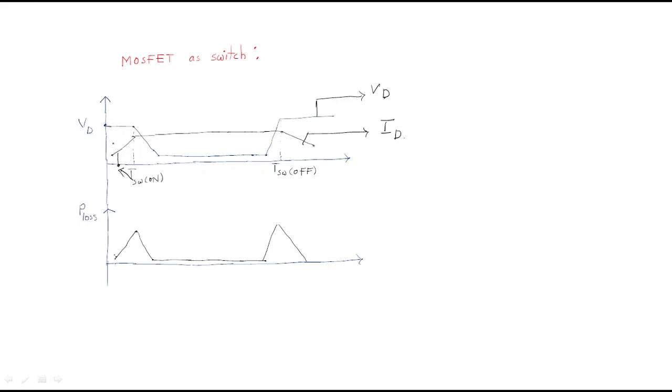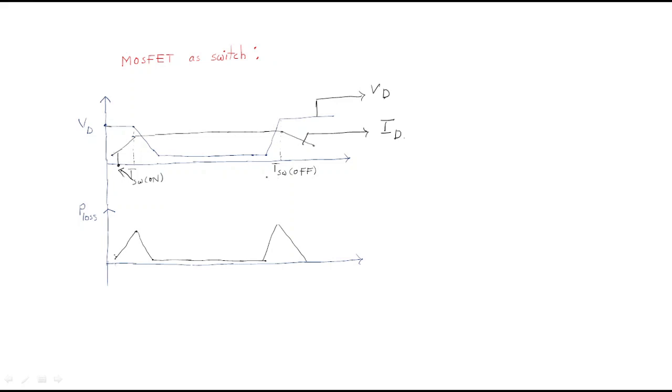If the MOSFET is off, and we switch on at this point, the current will slowly increase, and at a particular point, whenever the MOSFET is on, the voltage across the MOSFET decreases and the current increases. It maintains the low voltage, and the current maintains the high value.